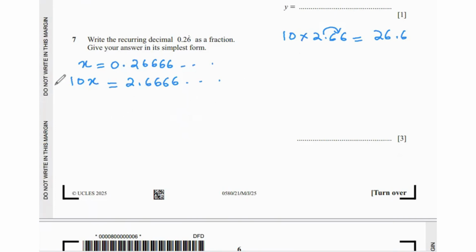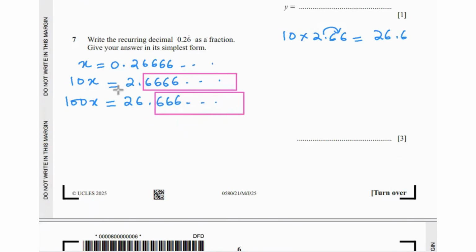So coming back to this, now the number is 2.6 recurring. As I said earlier, we have to get rid of the numbers after the decimal. So we can also multiply x by 100. So 100x is going to be 26.6 recurring. Now this way, the numbers after the decimal are the same for both 10x and 100x.